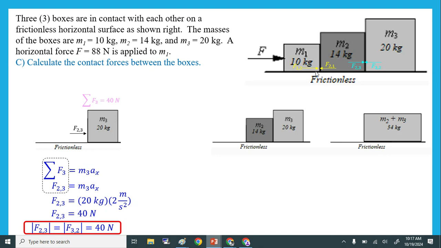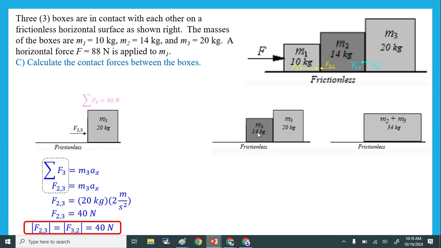Let's move on to this F12 and F21. So here, I've cropped out M3 because I'm done with that. And then here, I have M3 and 2. So even though I have F12 here and F21, I'm going to look at it again backward. So I'm going to combine M2 and M3.